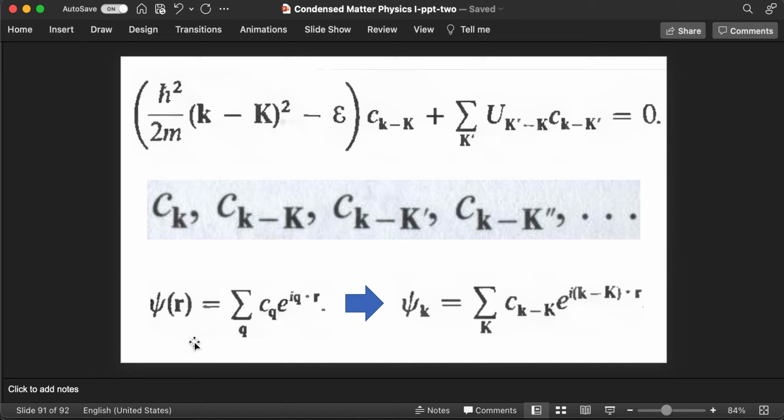So you can take this expression for the wave function that we wrote and change this q to k minus capital K, and instead of summing over q, you can sum over this capital K, because for a given value of k, only the capital K's are going to change from K to K prime to K double prime. So you can keep the wave vector k constant and sum over all reciprocal lattice vectors by switching from q to small k minus capital K.